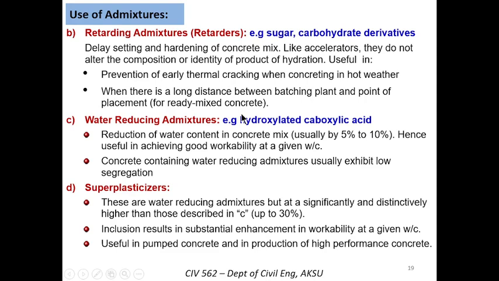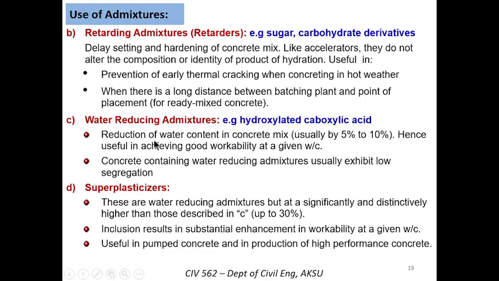Also, when there is a long distance between the batching plant and the point of placement, and you are transporting the mixed concrete in a mobile mixer, you might use a retarding admixture to reduce the rate of hydration so that the concrete will not set before you place it.